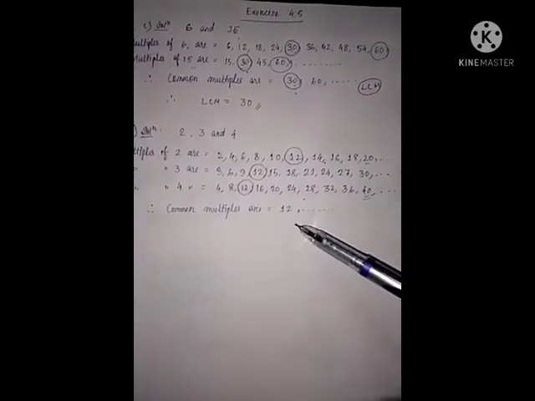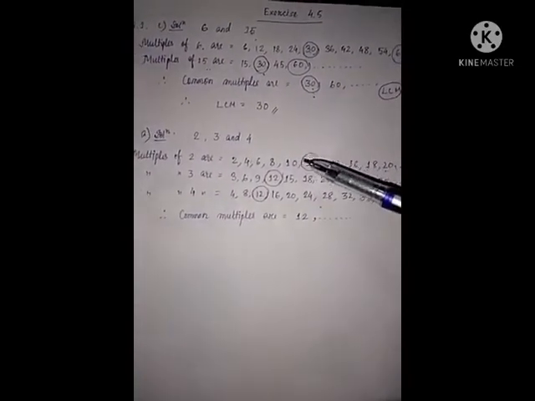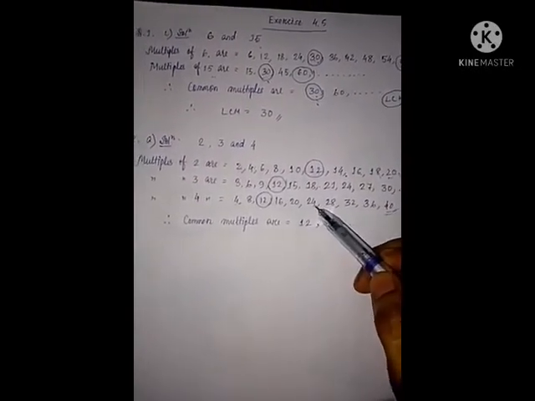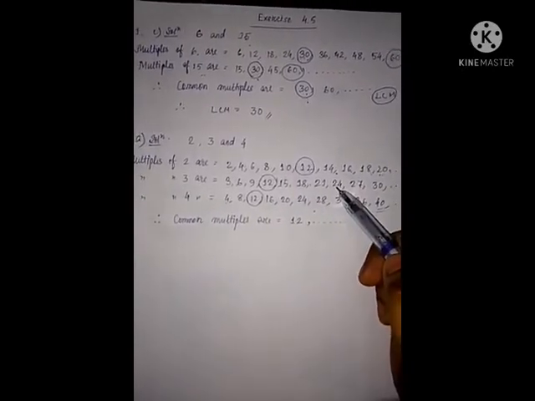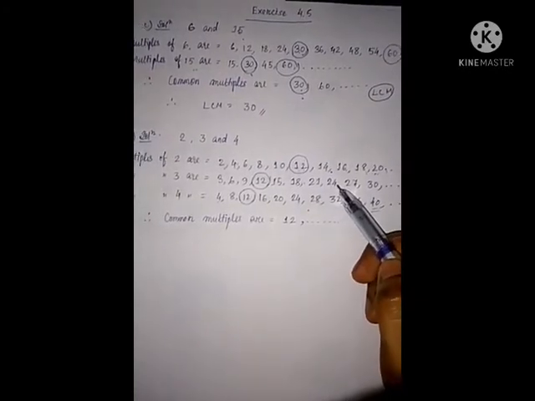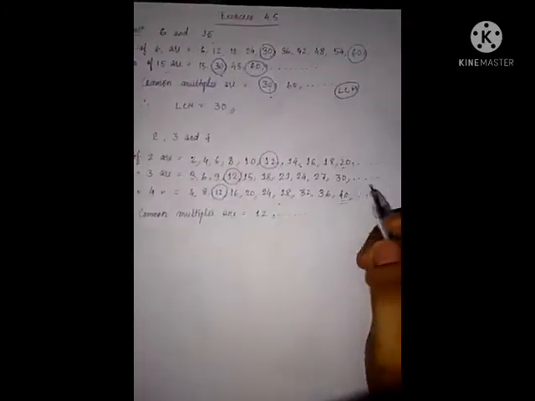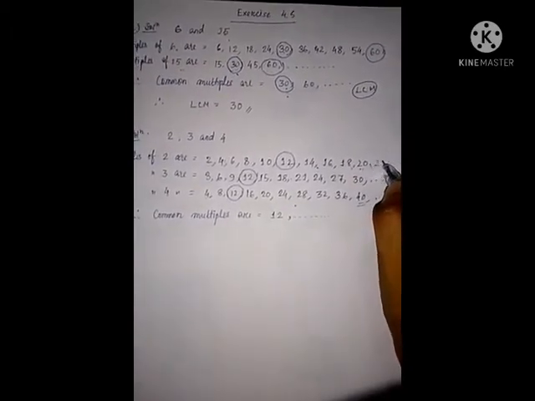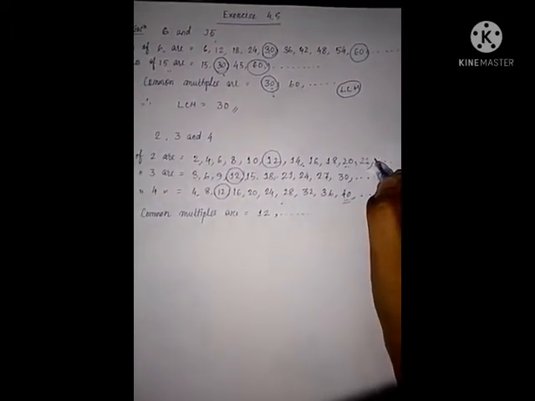Okay, this is the common multiple among all these. Okay, if you want to find out another common multiple, then see, 24 is present in multiples of 4, and we know that 24 is also a multiple of 2. Further, 11th multiple, 2 11s are 22, 2 12s are 24.